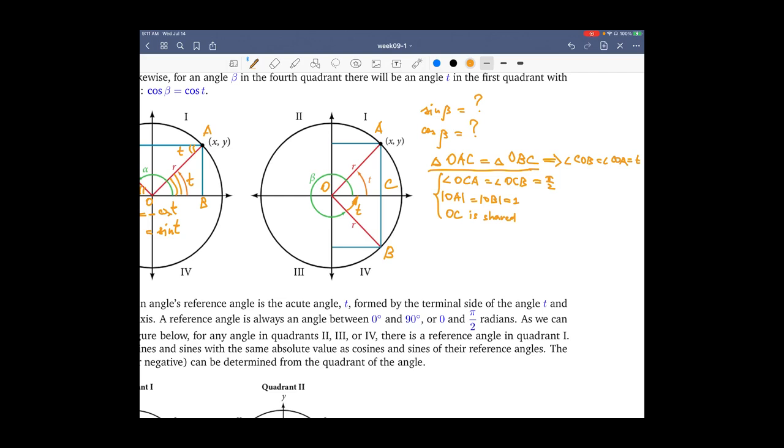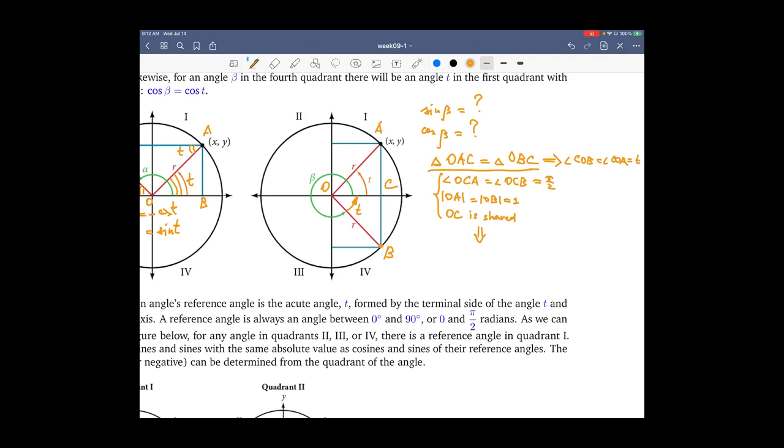Now, we want to get the coordinates of point B. Because these two angles are equal, because these two triangles are equal, we immediately get that the y-coordinates of points A and B are only different by a sign.